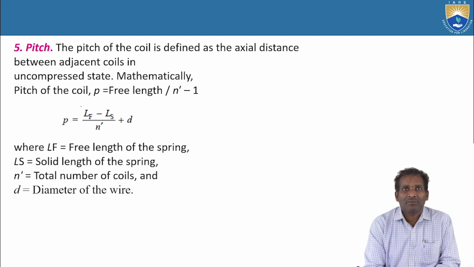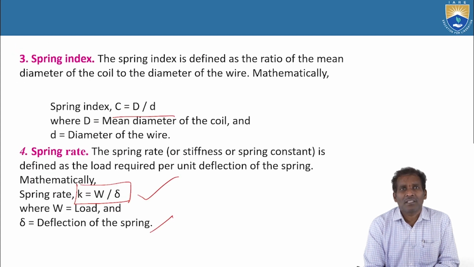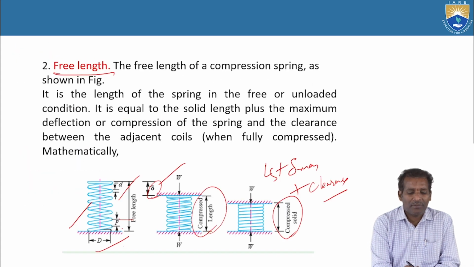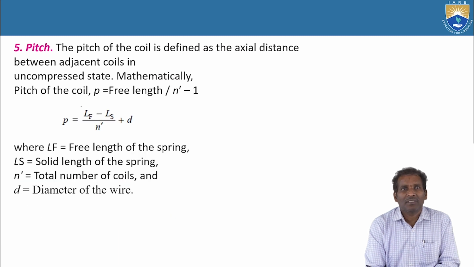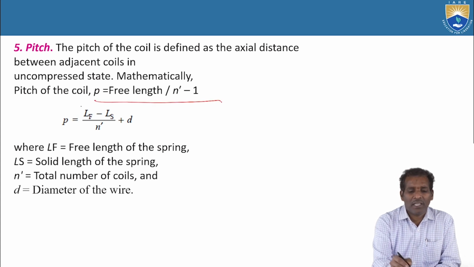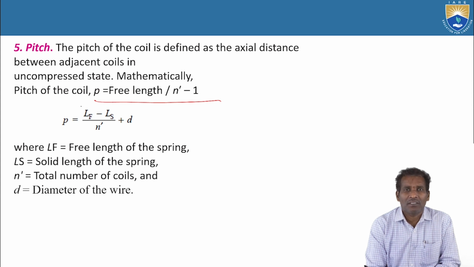Next one is pitch. The pitch of the coil is defined as the axial distance between adjacent coils in an uncompressed state. So already I showed it in this figure. This one is the uncompressed state. So what is the axial distance between one coil to another coil? Adjacent coil is known as pitch. The pitch of the coil is equal to free length upon n dash minus 1.